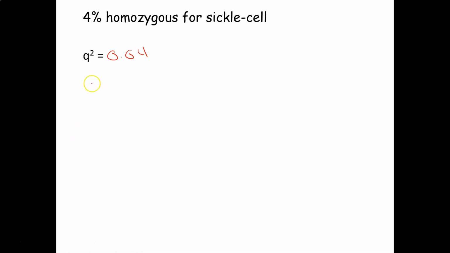Now, I need to get q by itself. If I take the square root of q squared, that gets me to q, so I need to take the square root of 0.04 to figure out what q is. And so q ultimately ends up equating to 0.2.